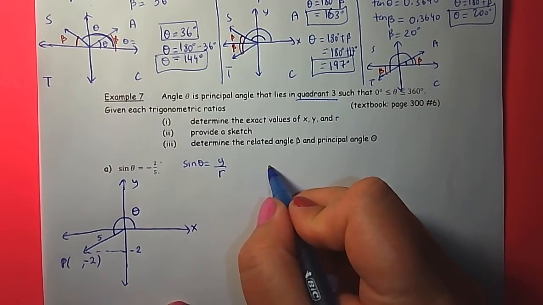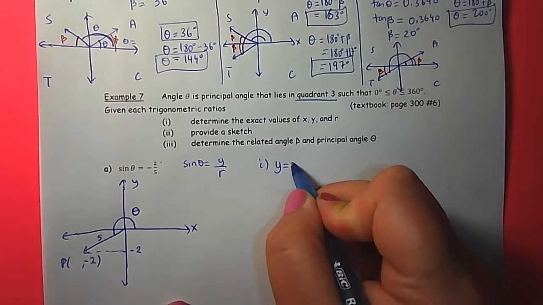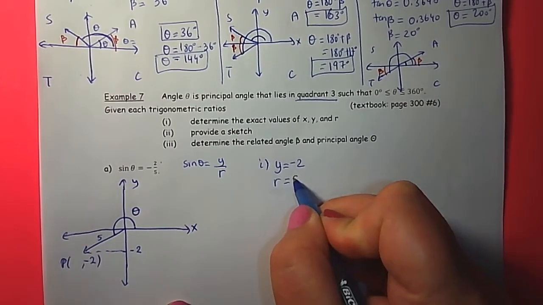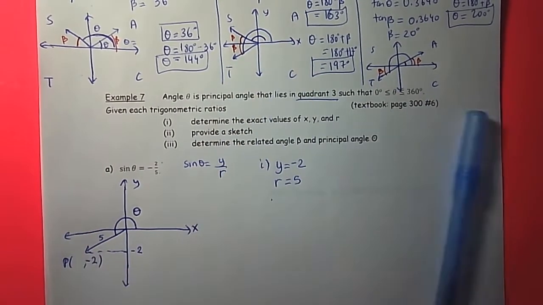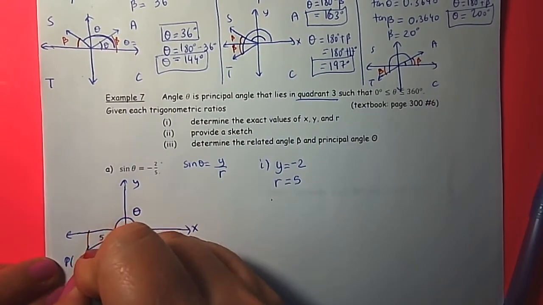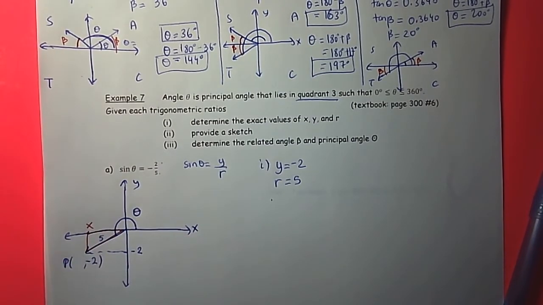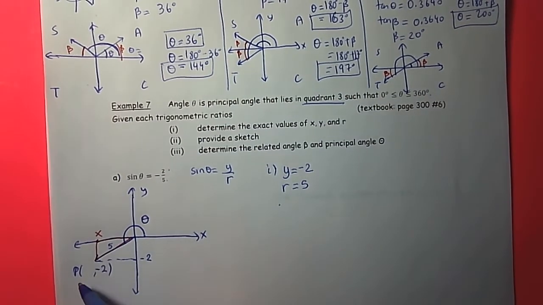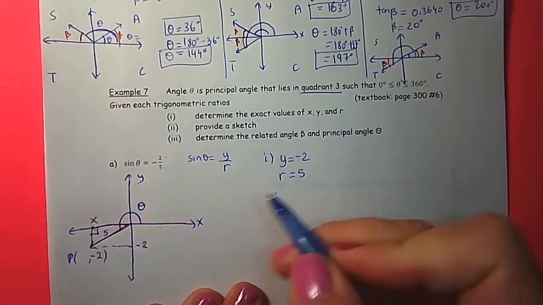So find the x value. We already know y is -2 and r is 5. So we don't know x. Again, we are going to use the reference triangle here. Okay, so let's call this x, and let's find the x coordinate of this point. Again, we can use Pythagoras.